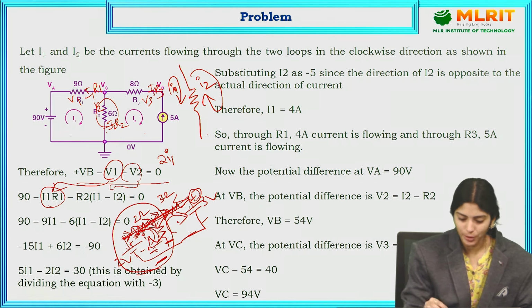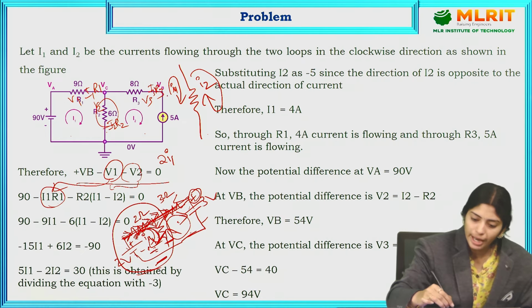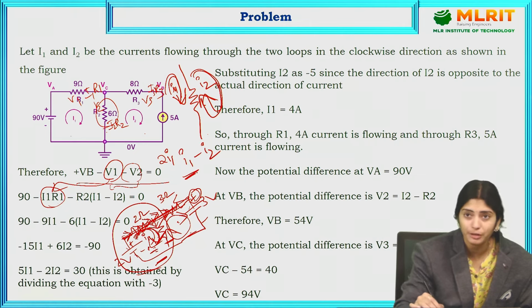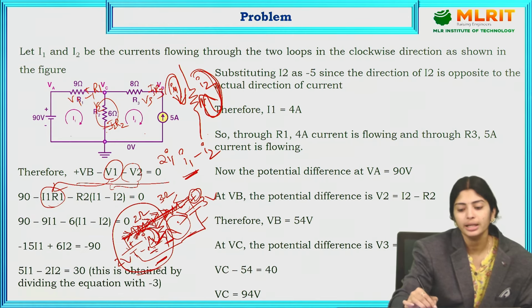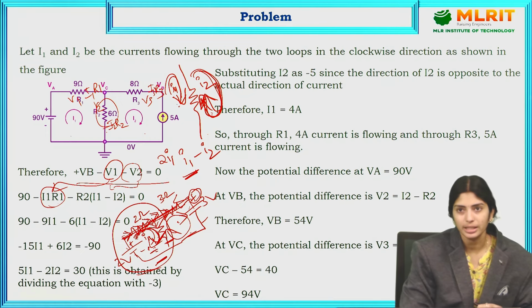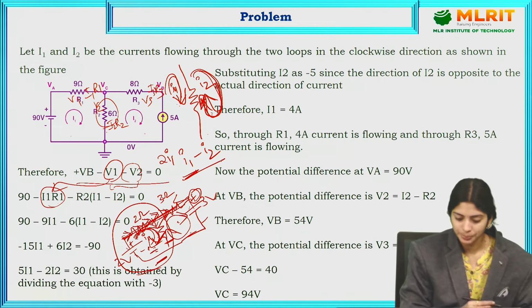So according to I1, what will be the direction of I2? So I1 minus I2 will come, because if we consider I1, so with that I2 will be negative, means these both directions are opposite, one is clockwise, one is anti-clockwise. So I1 minus I2 we have to consider.